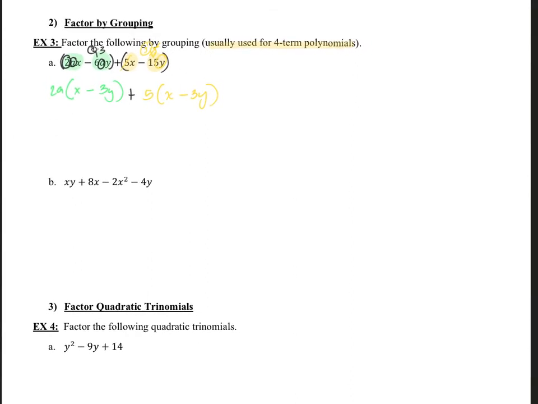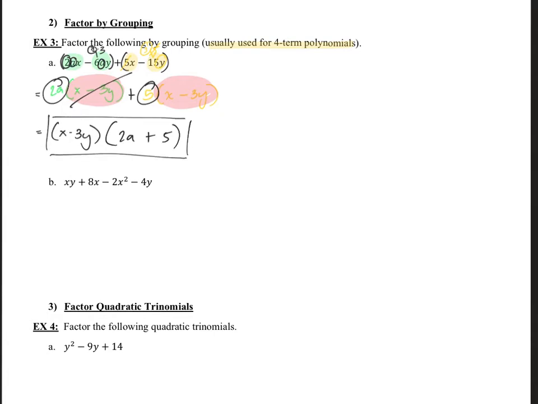We now have 2 terms, and each term shares a common factor, the x minus 3y. We'll take that out. What's left over? The 2a plus the 5. And there we go, we're done.